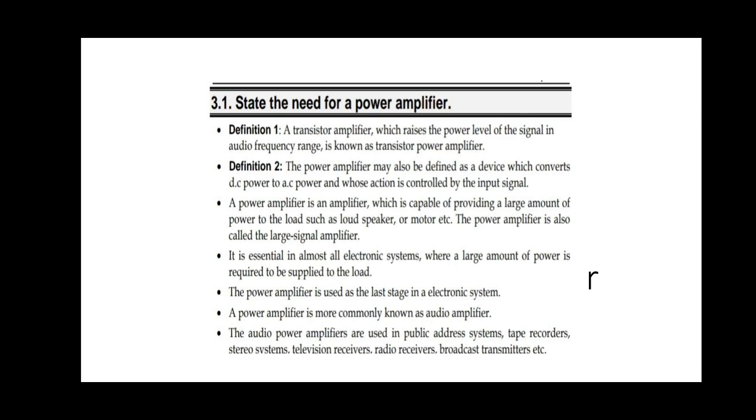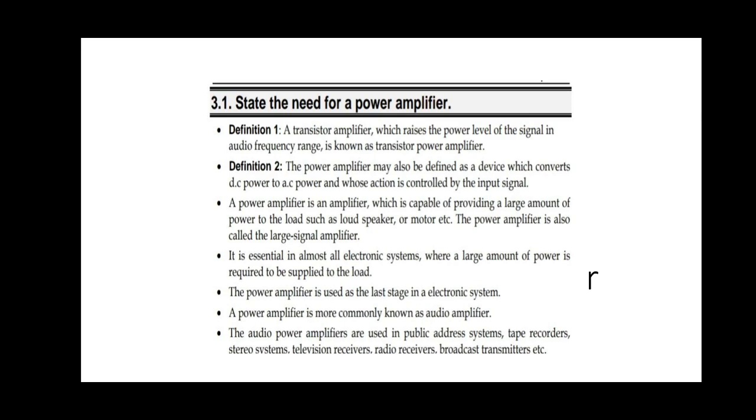Voltage series and current series, we apply the input as a voltage. The sample signal at the output port: for voltage series the sample signal is voltage, voltage shunt also voltage, current series and current shunt the sample is current.